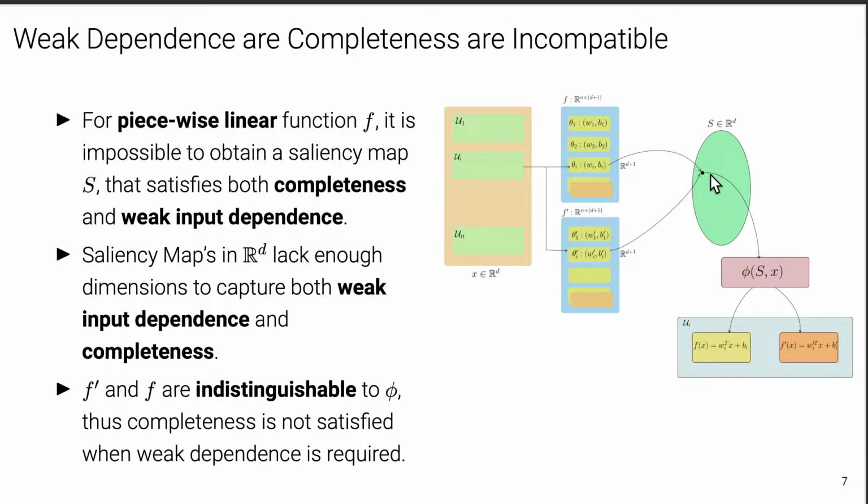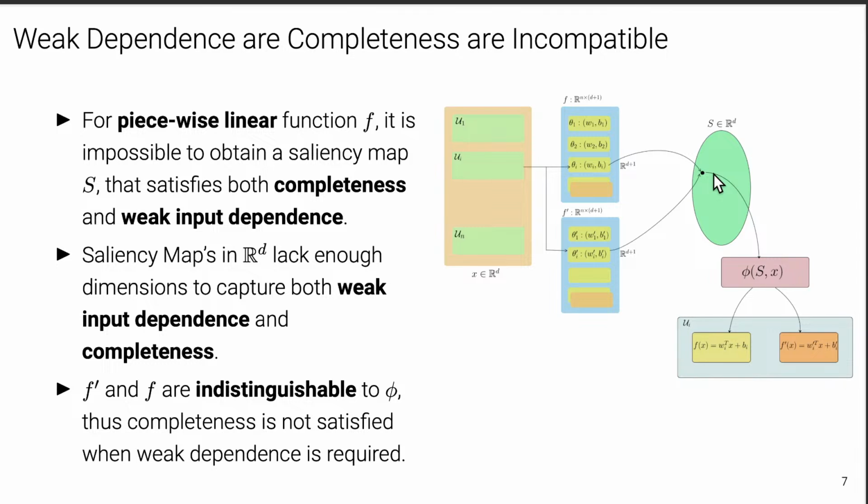So when we go to reconstruct, using our completeness axiom, from a saliency map and our input, which of these weights resulted in our output, which of these outputs we should consider, f or f prime, we will not be able to distinguish these two unless they are basically the same. Because of this many-to-one map, they are indistinguishable.